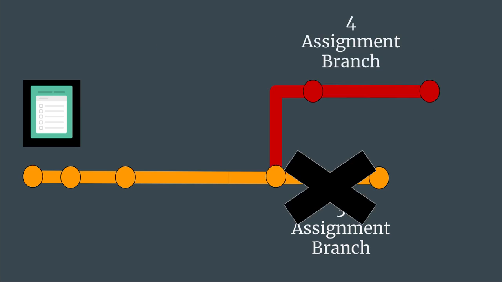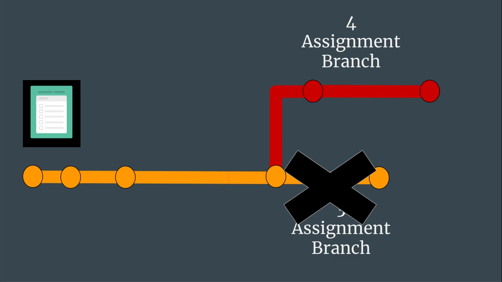And if we go back to something like this, we're going to what's called merge the project. So if we go along this 4 assignment branch, again, all of the edits that are made in the 3 assignment branch can be pulled up into this situation where we have 2 different branches that can go on for a long time.